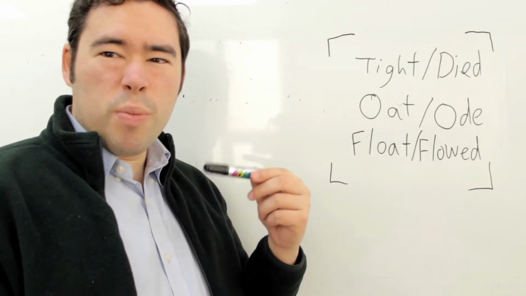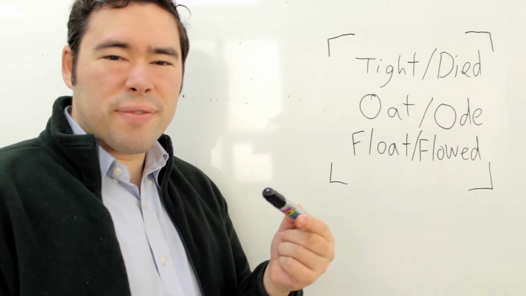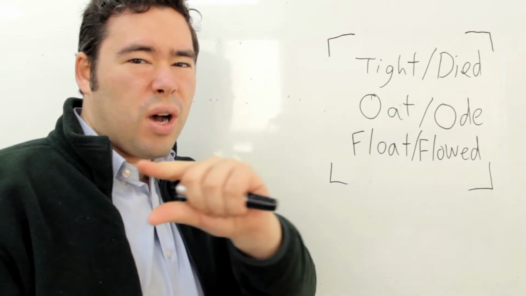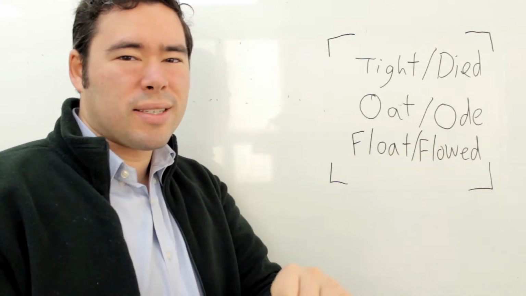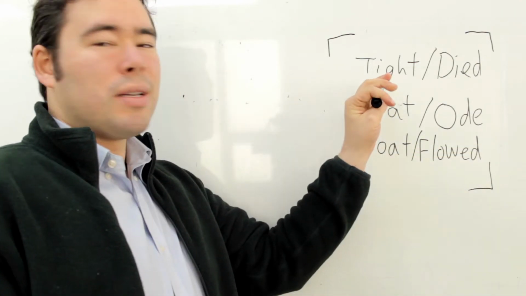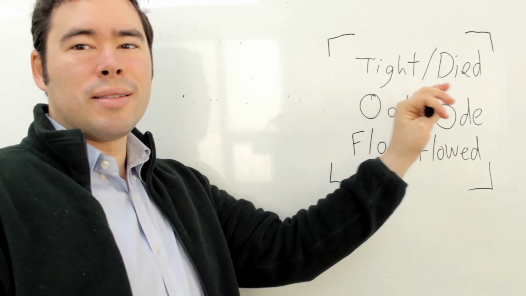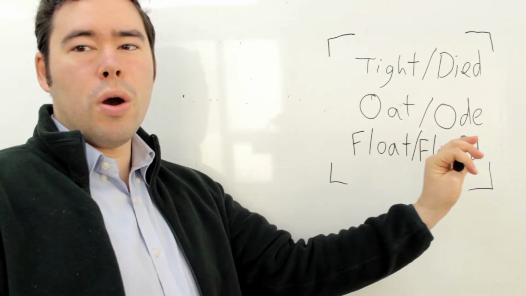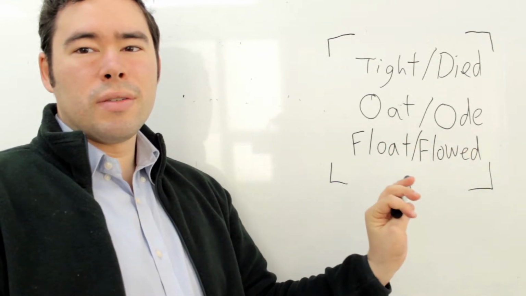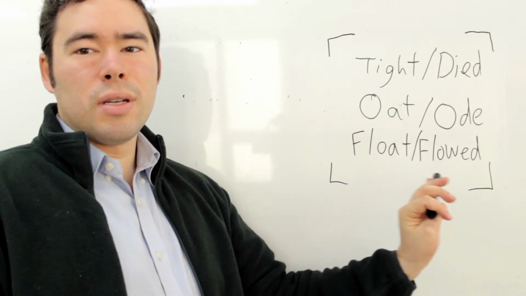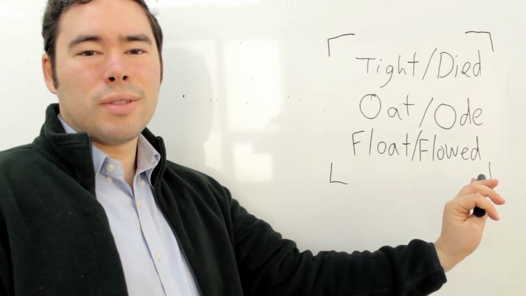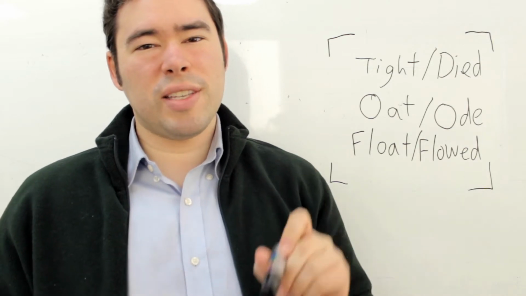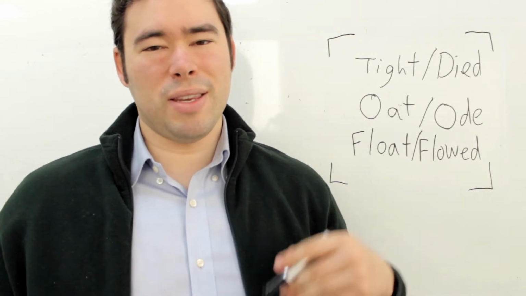And at this time, I will pronounce the words as if I were using them in a sentence and the words were just flowing one to the next, okay? Tight, died, oat, owed, float, flowed.